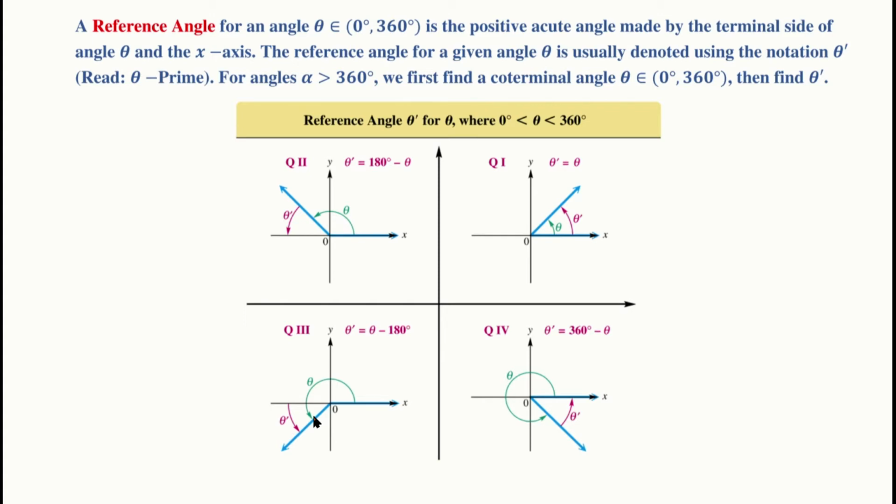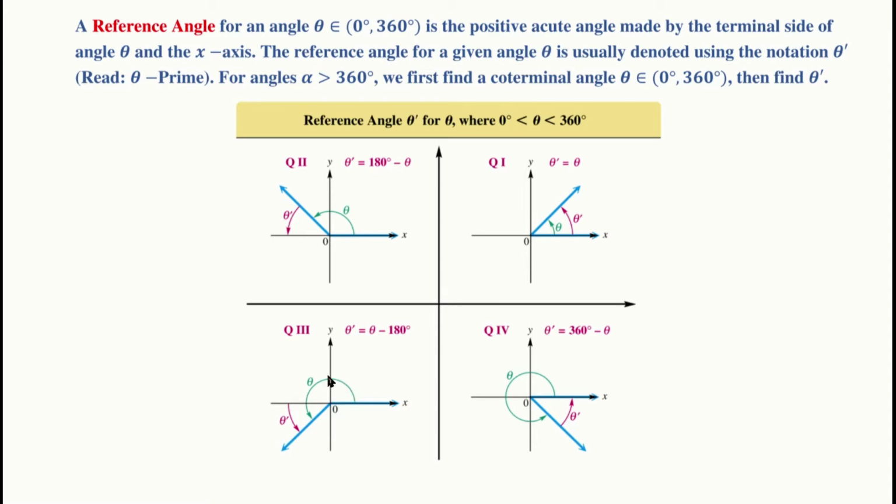For a third quadrant angle, notice that if this is the terminal side, then the acute angle that it makes with the x-axis would be this angle right here. So that's what we refer to as the reference angle for this angle theta. And notice that for finding this kind of a reference angle, we would have to have a different formula.